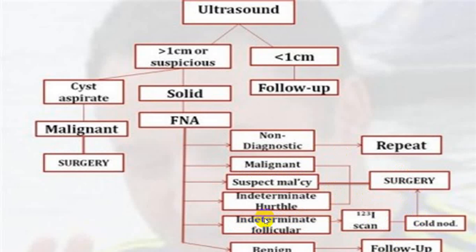If it is indeterminate follicular carcinoma or indeterminate Hurthle cell carcinoma, again surgery is necessary. You can look at the radioactive iodine uptake scan, and if it is a cold nodule, then again you can subject them to surgery. If FNAC is negative and repeated biopsy is still negative and benign, you can have regular follow-up.